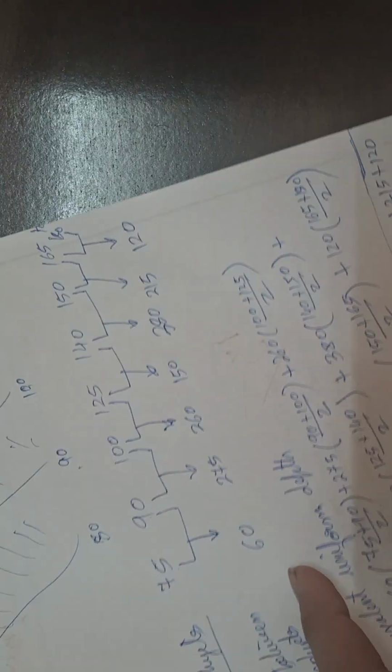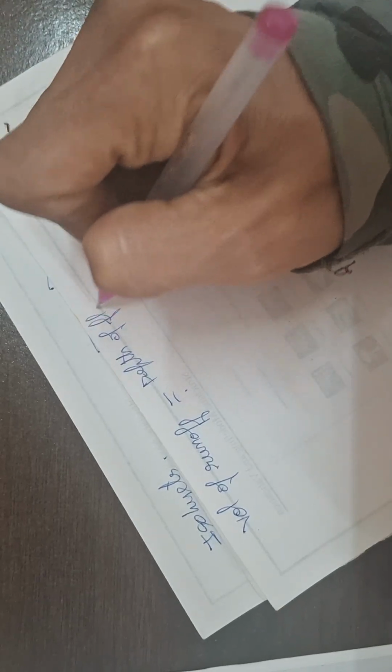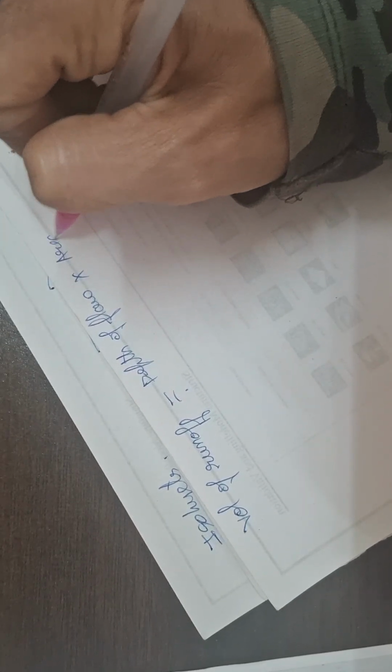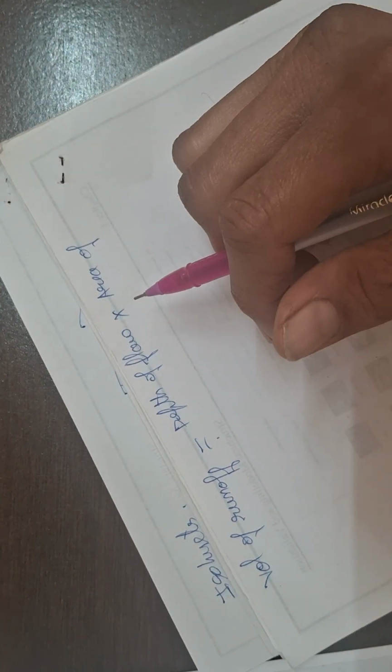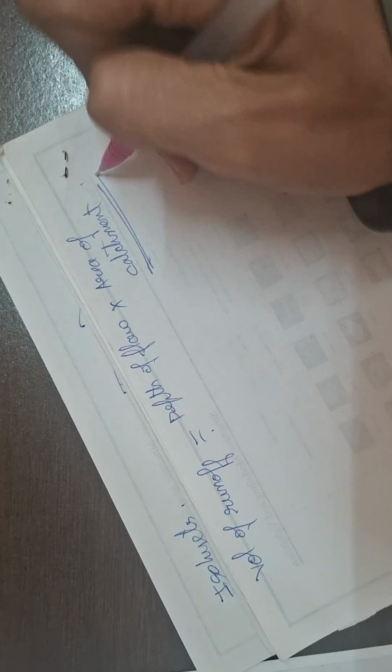And finally, if they are asking you the volume of runoff, then it is easy: depth of flow, which we have just found out, multiplied by the area of catchment.